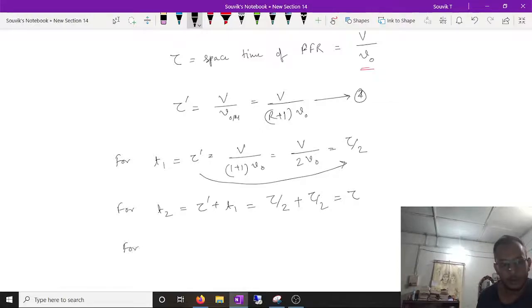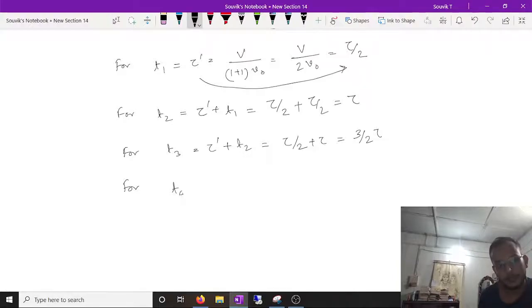Again, for T3 we have tau dash plus T2, so what we have is tau by 2 plus tau, which is 3 by 2 tau.